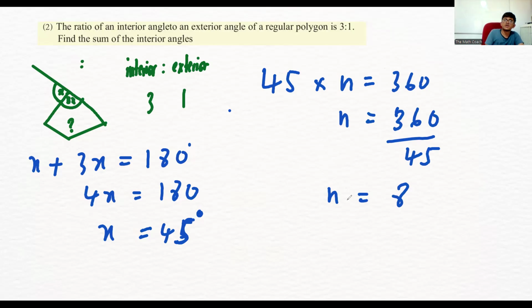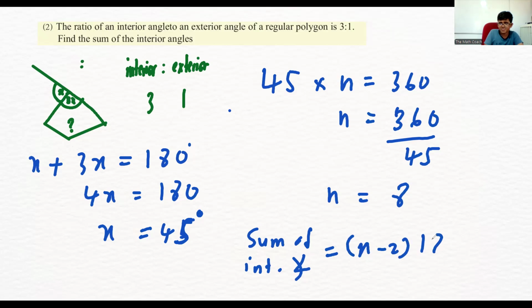Yeah, 8. Now we can say the sum of interior angles equals n minus 2 times 180. If we use this formula, n is 8, so 8 minus 2 times 180. The answer is going to be a big one.